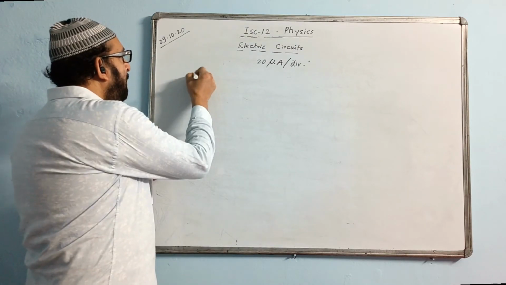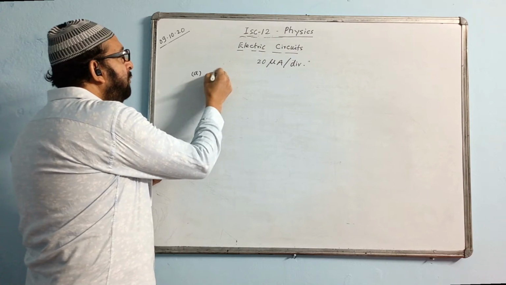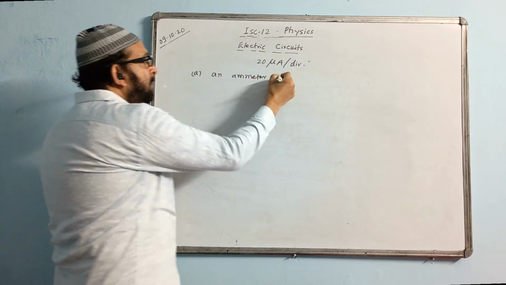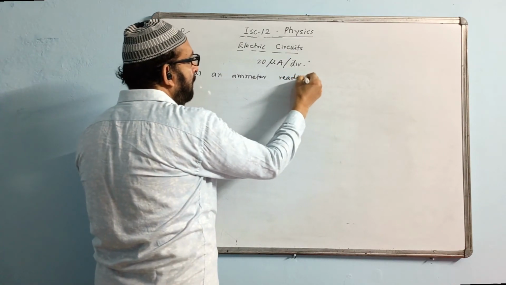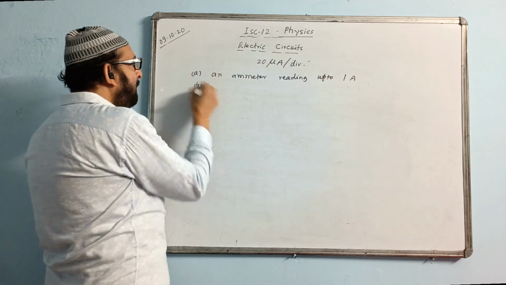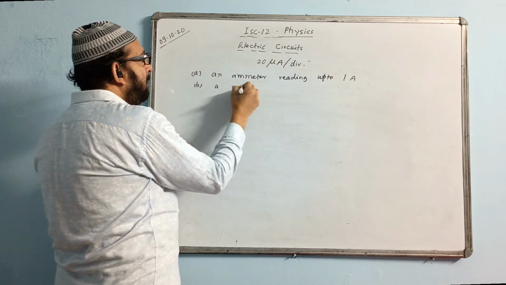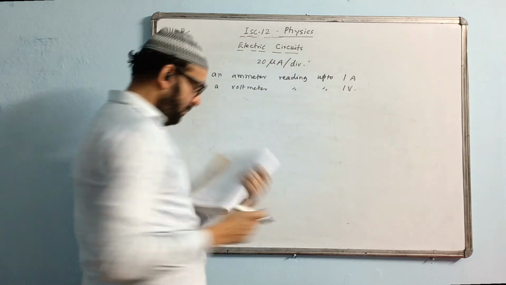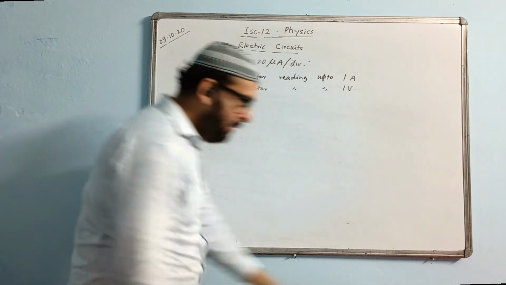First part: how will you convert it into an ammeter reading up to 1 ampere, and the second part, a voltmeter reading up to 1 volt. So that is the question.